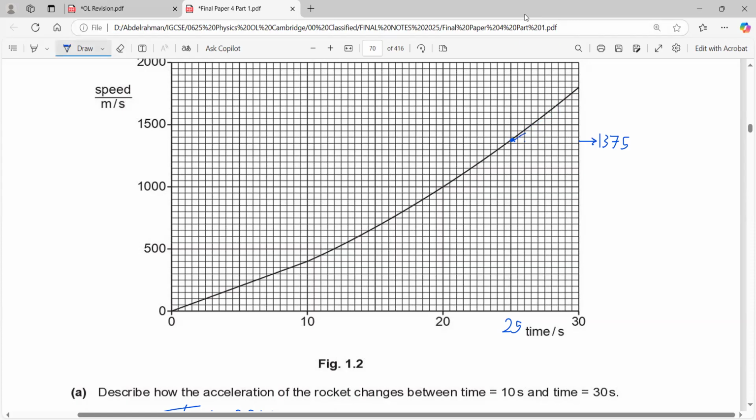What is the value of the speed at this point? This is 1600, this is almost 1700. The speed here is almost 1700.